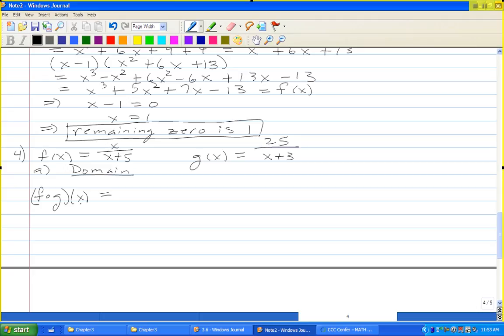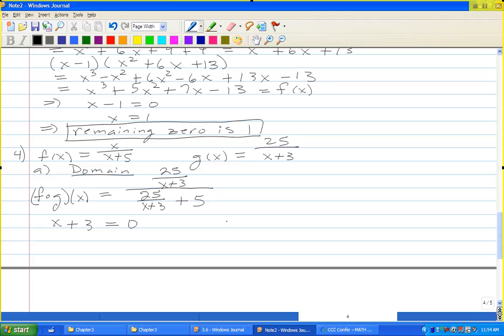Okay, so wherever there's an x in the formula for f, replace x by the formula for g. So wherever I see an x here, I replace x by 25 over x plus 3, giving 25 over x plus 3 plus 5. Okay, so let's find the domain. I have to have that x plus 3 cannot equal 0, which gives x equal negative 3.